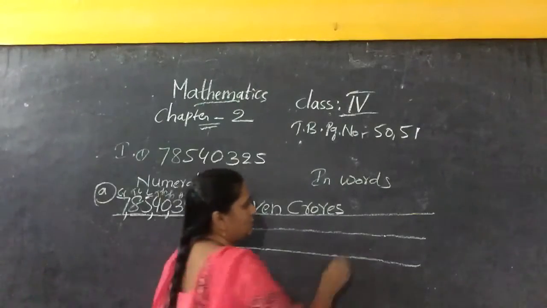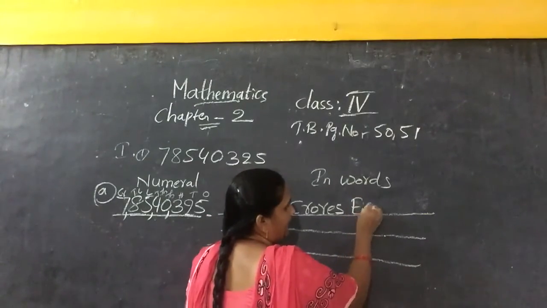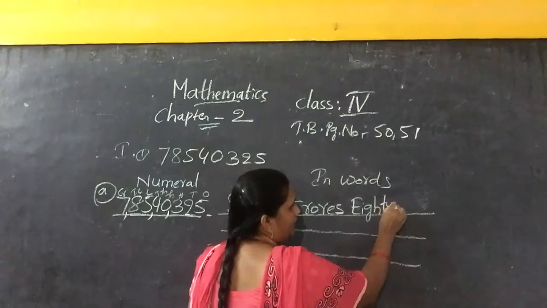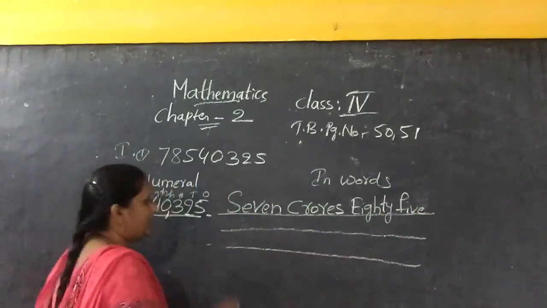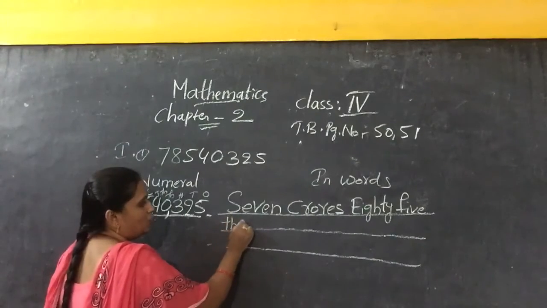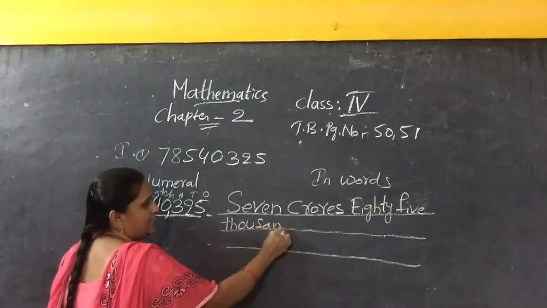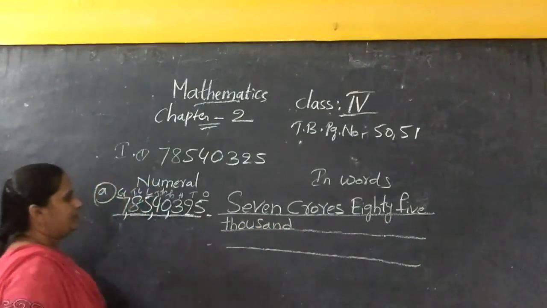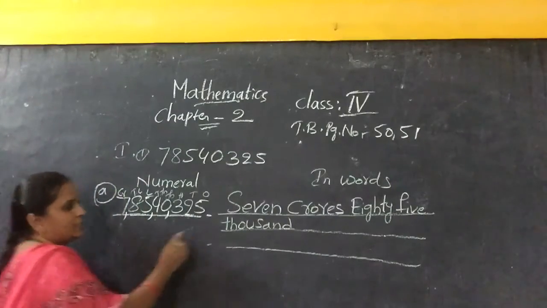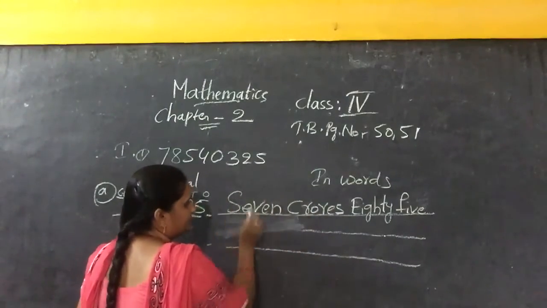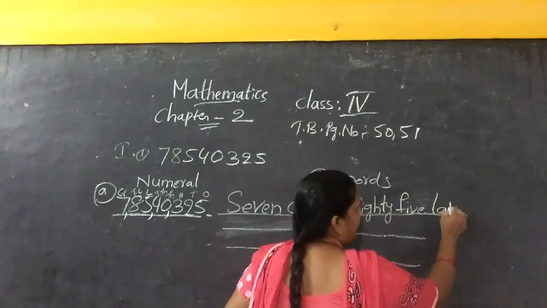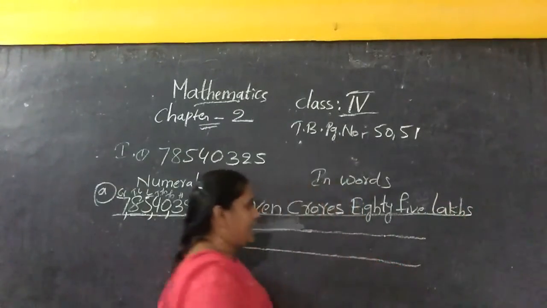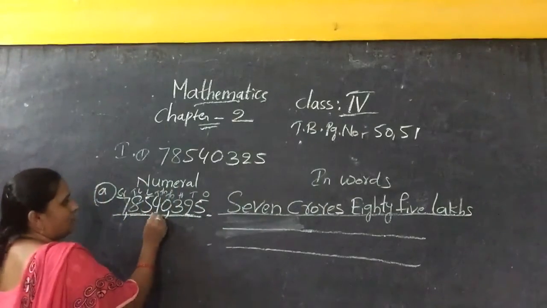Lakhs place value. Very good. Write down E-I-G-H-T-Y, 80, F-I-V-E, 5. 85 lakhs, L-A-K-H-S.